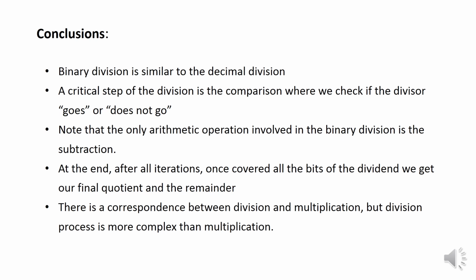Because since a binary number consists only of ones and zeros, there is no need for multiplication. At the end, after all iterations, once covered all the bits of the dividend, we get our final quotient and the remainder. And there is a correspondence between division and multiplication, but the division process is more complex than multiplication.